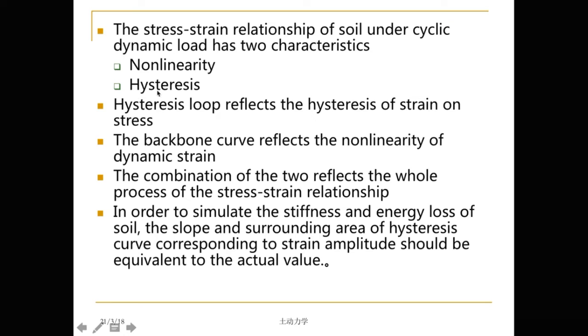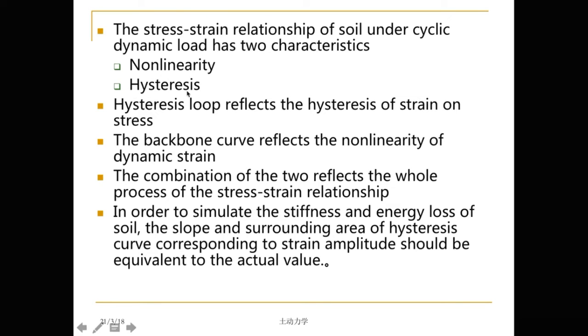And hysteresis, because the load is cyclic, so there's an unloading and a reloading process. Then the stress-strain relationship of the soil also has these properties.